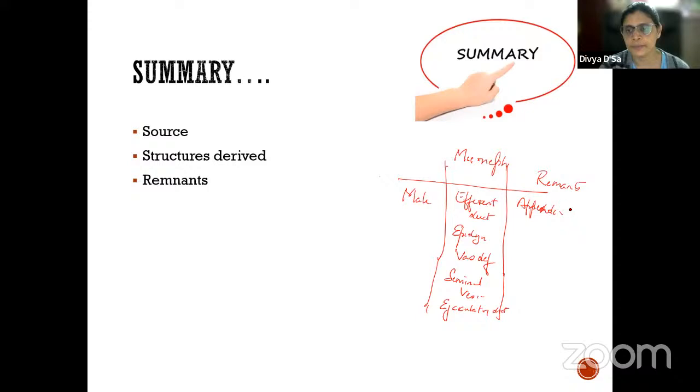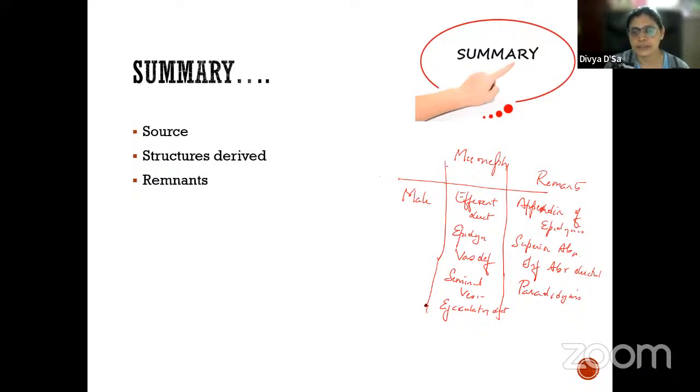Then we see the superior aberrant and inferior aberrant ductules. Then we see the paradidymis. Okay, so these are the four things which are the remnants of the mesonephric duct.